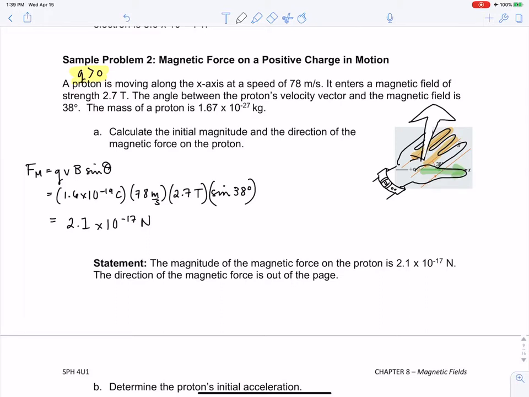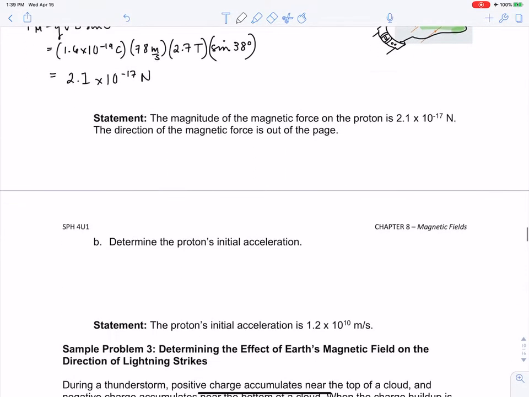Since Q is greater than 0, this force should come right out of the palm. And I'm just going to decline this call in the background. All right. So the direction of the magnetic force is out of your hand.